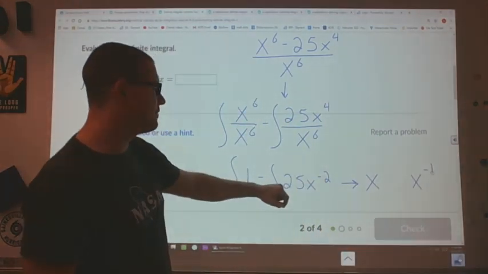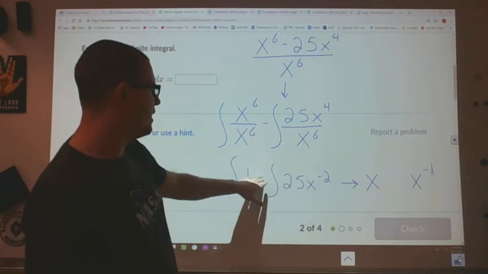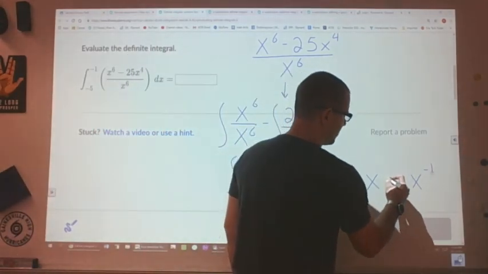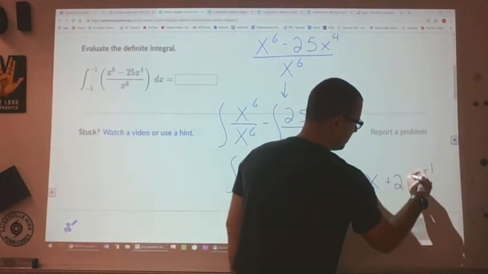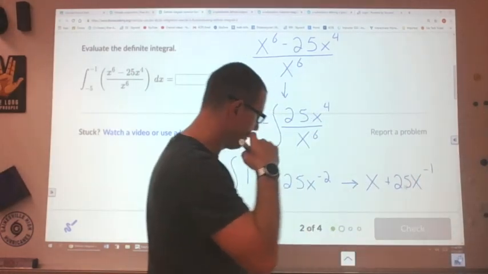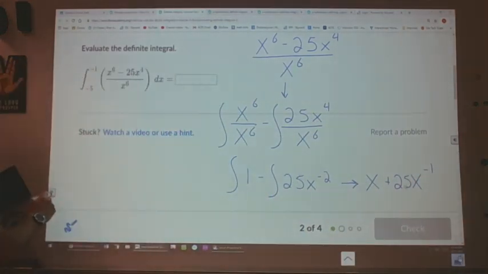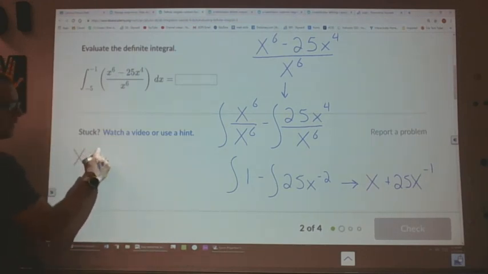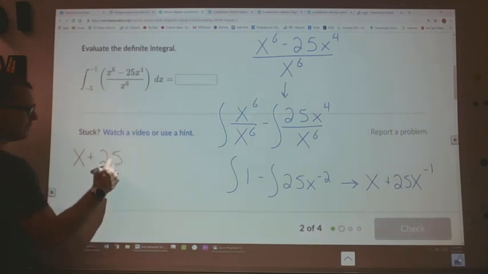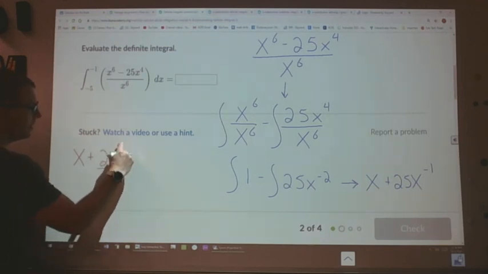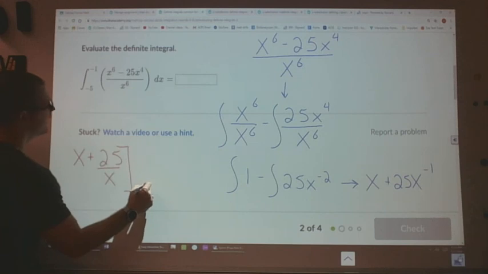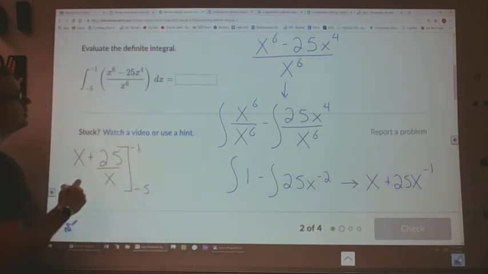So 25 divided by negative 1 would be negative 25, minus the negative 25 ends up being plus 25. So the integral is x plus 25 over x, evaluated in this case from negative 5 to negative 1.